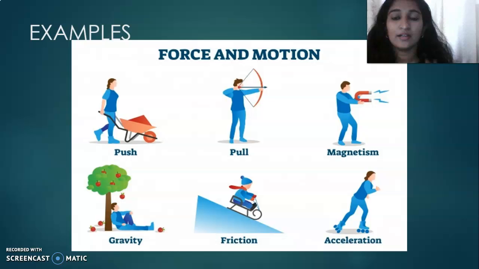When we start to accelerate a car, it is just speeding up. It is also a force which you apply with the accelerator pedal. When we press the accelerator pedal, the car will move faster. Acceleration is also a type of force.